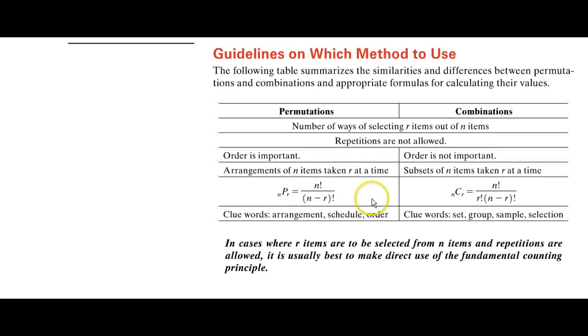Another thing: clue words. I would call them keywords. Arrangement is important. The schedule, the order. For combinations, set, subset, a group, a sampling, a selection. And through experience and observation, hopefully you can pick up on this.